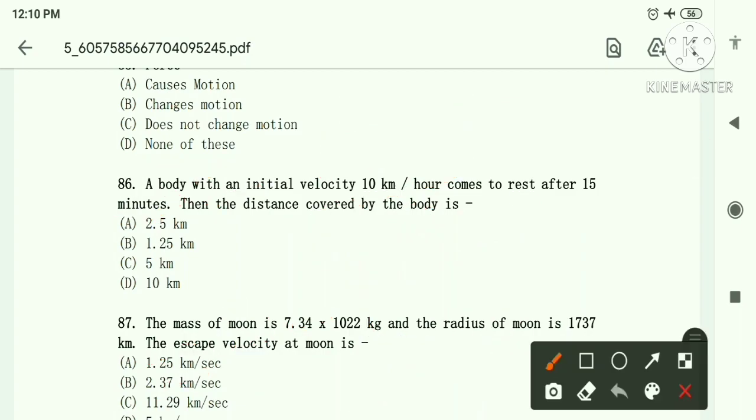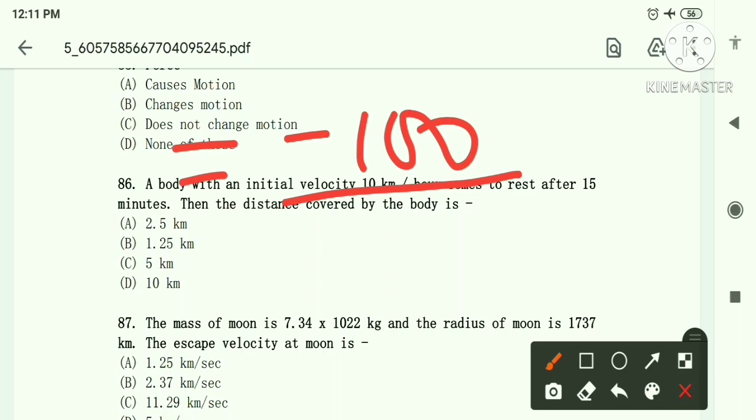Now 10 square becomes minus 100, because minus 10 is there. So that's why minus 10 into 10 square. Okay. Now 2 into minus 40 is minus 80.